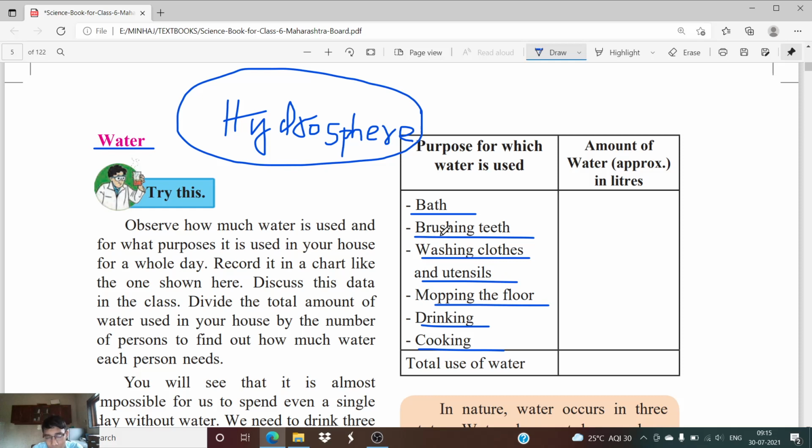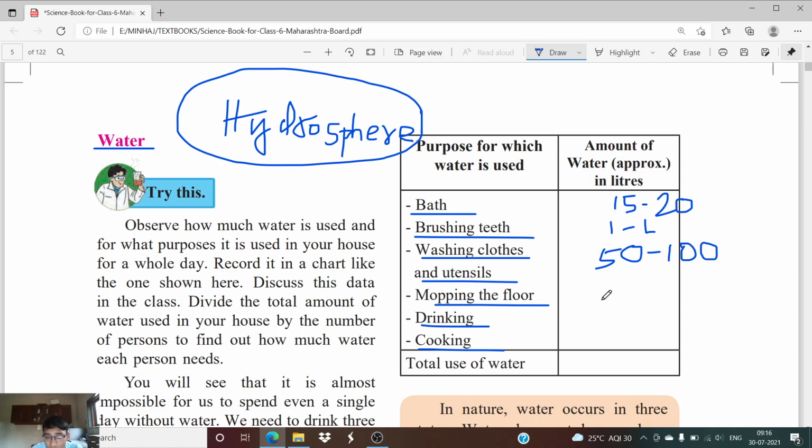For bathing, for an individual, we use almost 15 to 20 liters. For brushing teeth we use at least 1 liter. Washing clothes and utensils may vary, it depends on the amount of clothes or utensils, so it may be 50 to 100 liters.